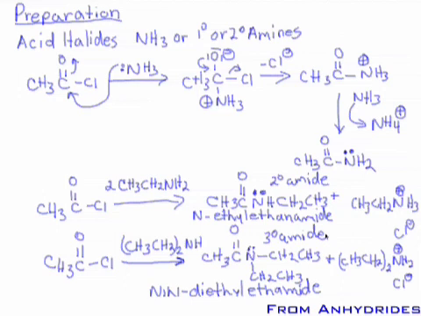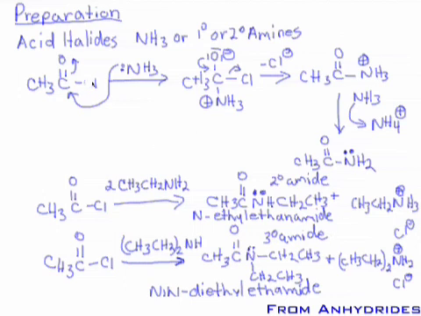All right, now let's modify this and look at the next derivative that we examined, and that was the anhydride reaction. How did these reactions change if we went to an anhydride?